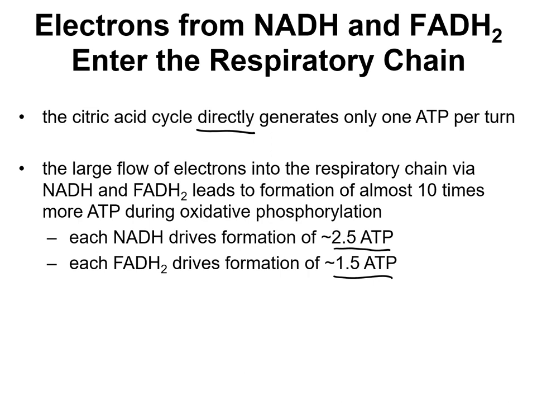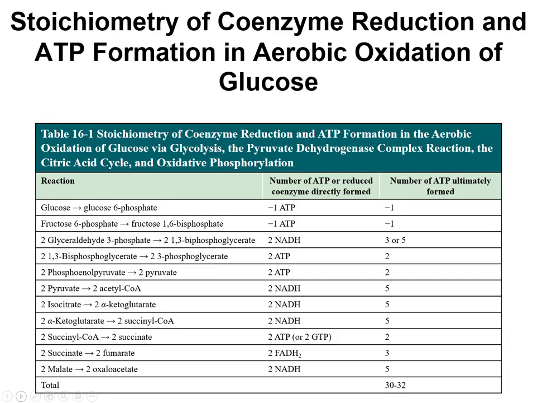So think about all of the molecules of NADH that we made in glycolysis and all the ATPs that we made, plus the ATP from the citric acid cycle and all of our energy conserving NADHs and FADH2s. When you add all that stuff up, you get somewhere in the ballpark of 30 to 32 ATP molecules formed.